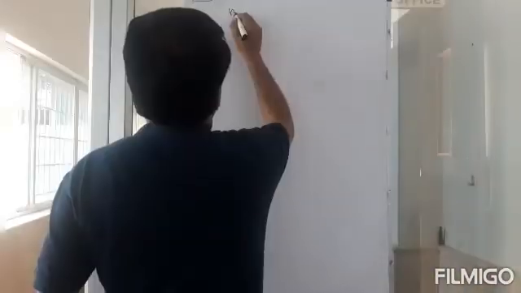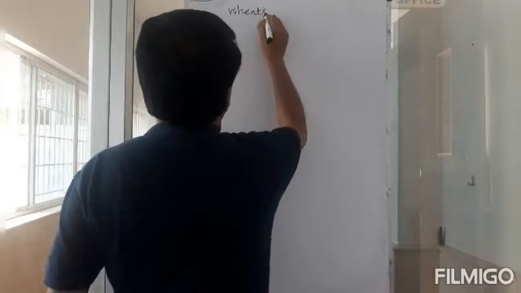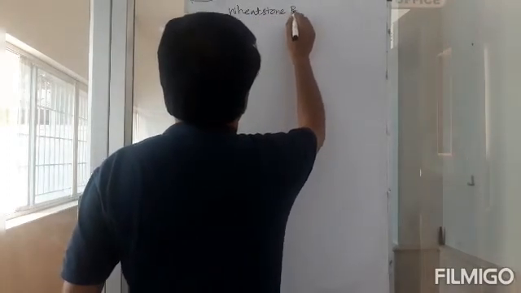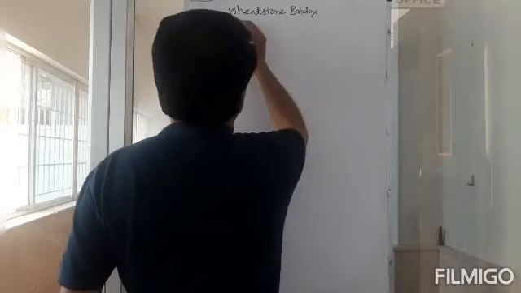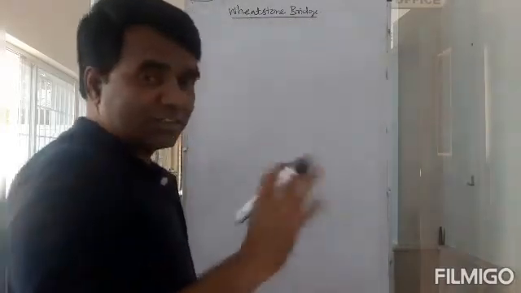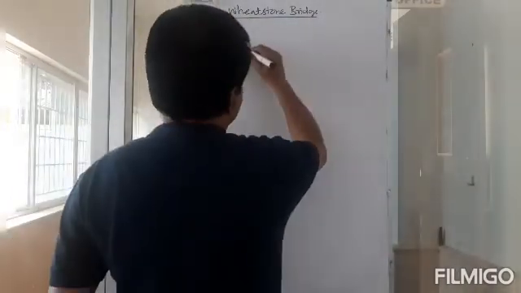So the first thing is the Wheatstone Bridge. We'll take it up now. A Wheatstone Bridge is something like this. It will have 4 resistors connected like this.